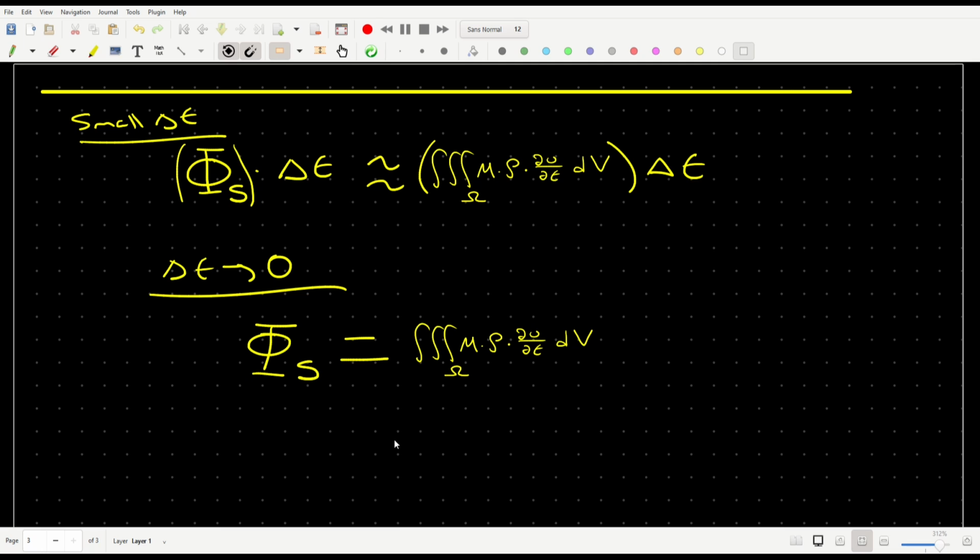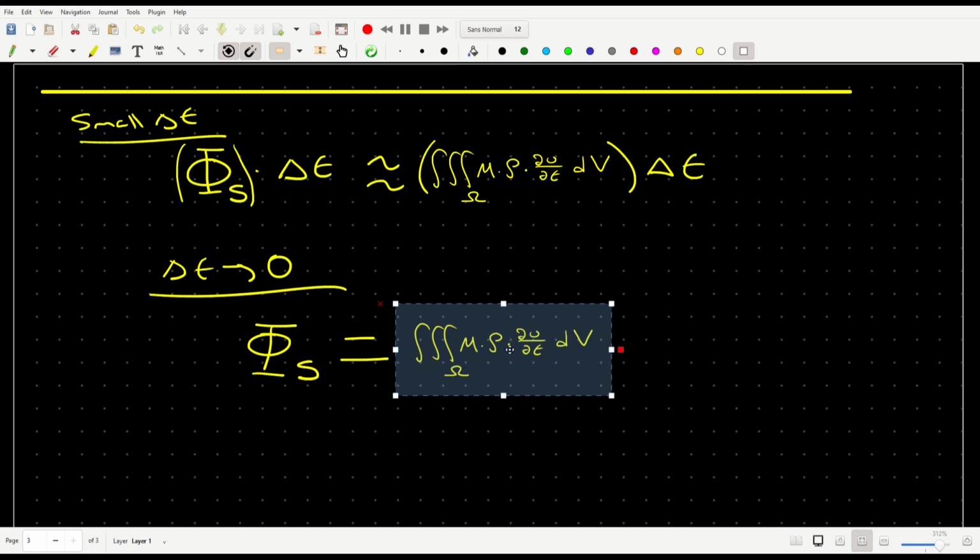So this equation is essentially setting up that the change in heat energy through the surface S, through the boundary, must equal the heat exchange throughout the interior of the region omega.